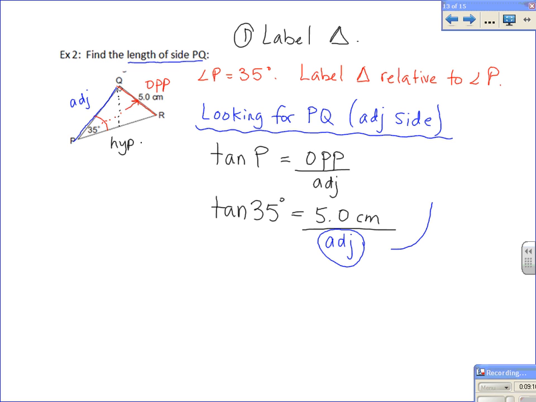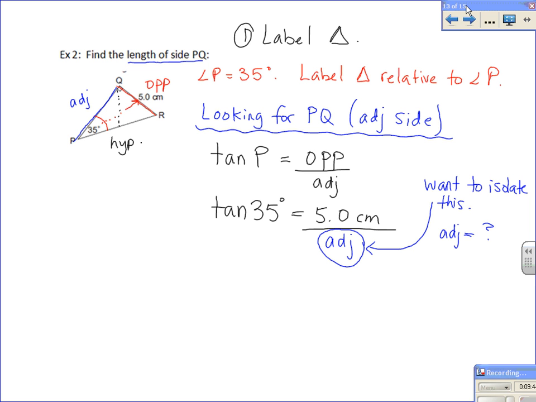I want to isolate this. So what I want to see is, once I've rearranged my formula, I want adjacent is equal to something. I want the adjacent side, ADJ, all on its own on one side of the equal sign, and I want everything else on the other side of the equal sign.